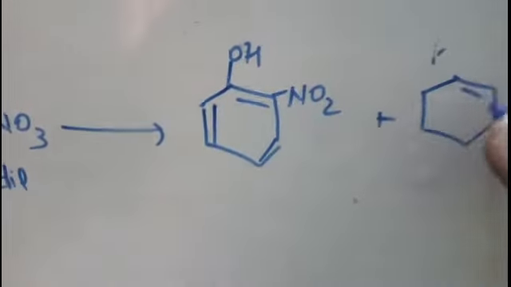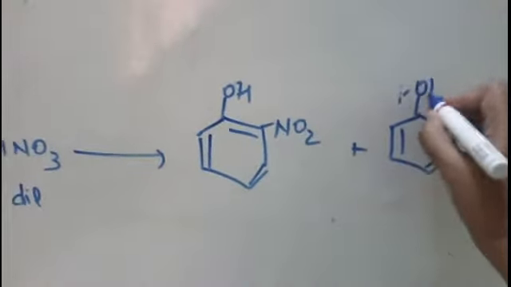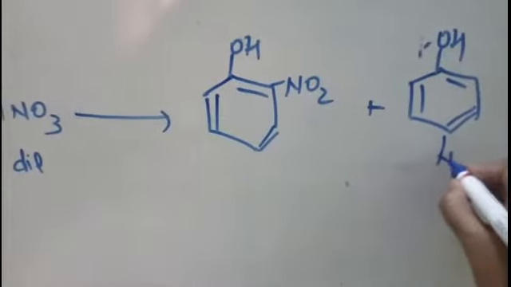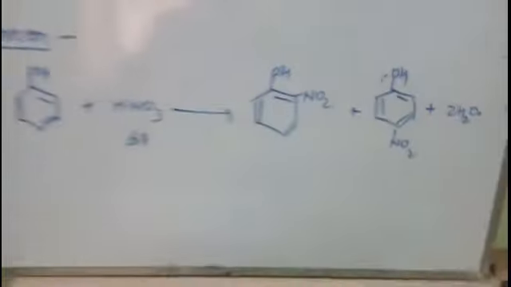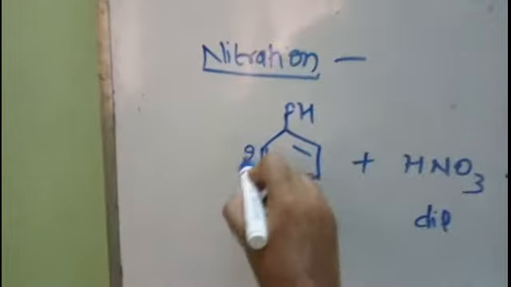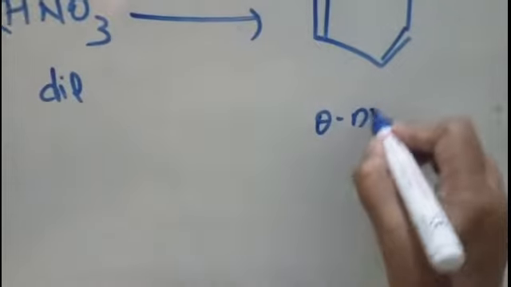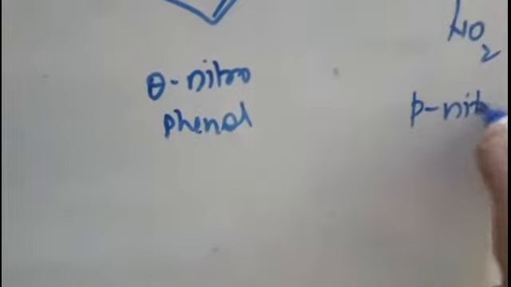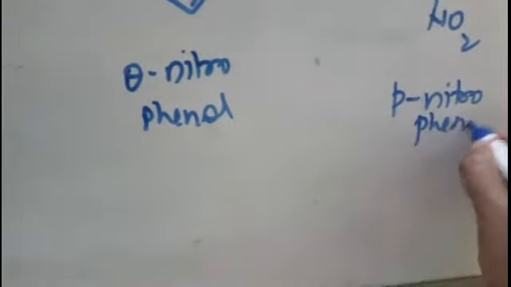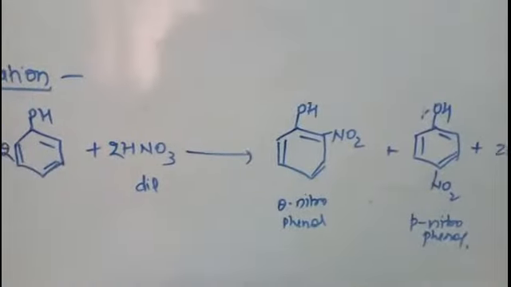and para-nitrophenol. This is orthonitrophenol and this is para-nitrophenol. This orthonitrophenol and para-nitrophenol can be easily separated by steam distillation. How?